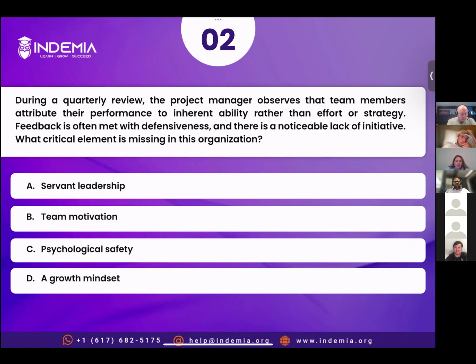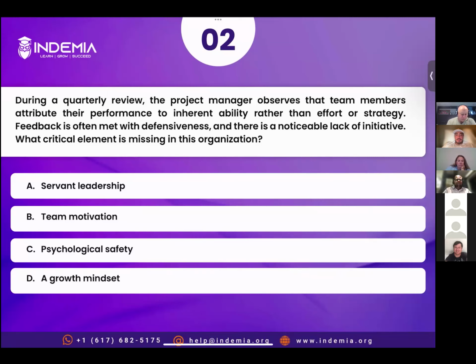A psychologically safe environment is an environment where one can be oneself without fear of being judged or without fear of any punishment or negative consequences. So there is no indication that there is a fear or a judgment. So all three options are incorrect. The correct answer is option D. There is a lack of growth mindset.